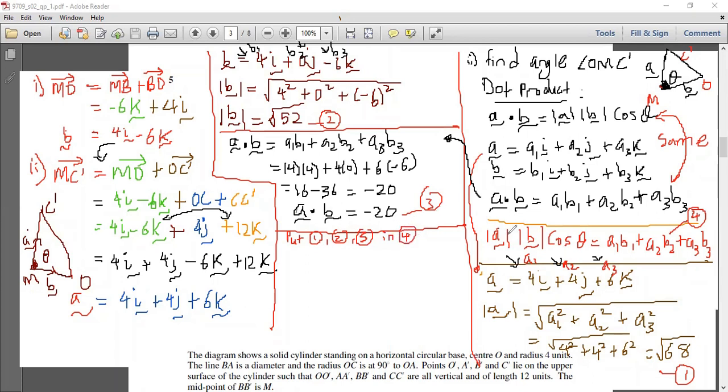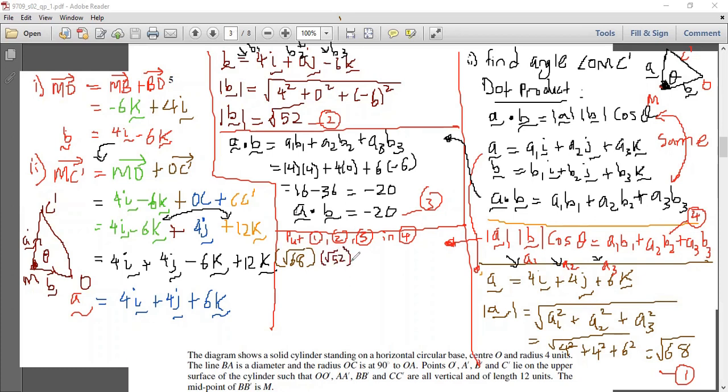The modulus of A, I'm pulling off this line, is root of 68. And the modulus of B, as you can see at the top, is root of 52, as I read it from equation 4 here.